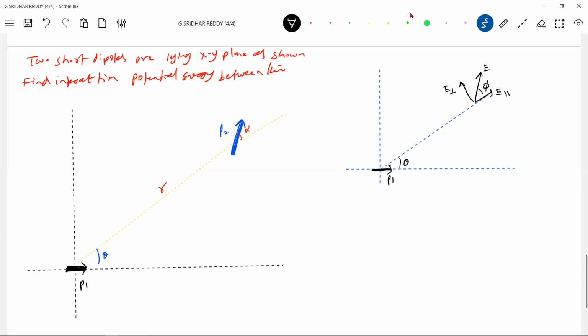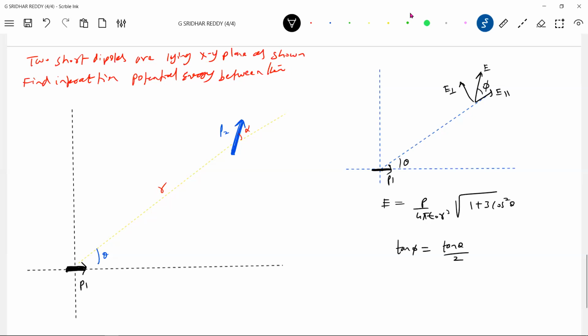Directly, let me go for the E bar. What is the resultant E? This should be equal to P by 4 pi epsilon naught r cube times root of 1 plus 3 cos square theta. Then the angle phi is given by tan phi equals tan theta by 2.